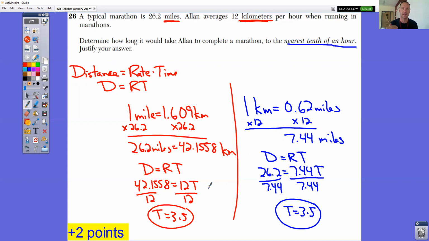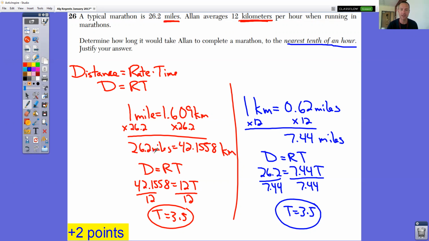As the first step, you either have to convert your kilometers into miles, or convert your miles into kilometers. You have to do it either way. In this one, we can look at the reference table and we know that 1 mile is 1.609 kilometers. It says that there's 26.2 miles.